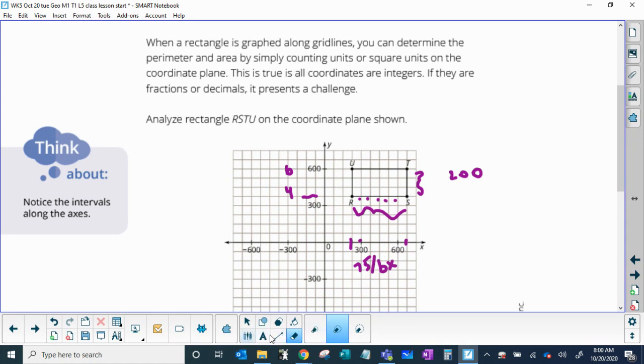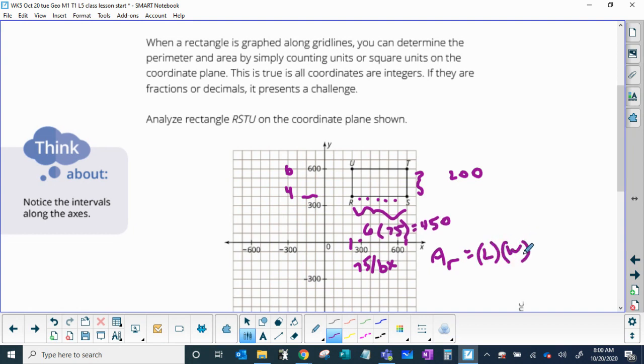Yeah, some of this math can be hard, huh? All right, so 75, 1, 2, 3, 4, 5, 6, 7. 1, 2, 3, 4, 5, 6. This is 6 times 75, so that's going to be 450. So the area of this rectangle is length times width, which makes 200 times 450.